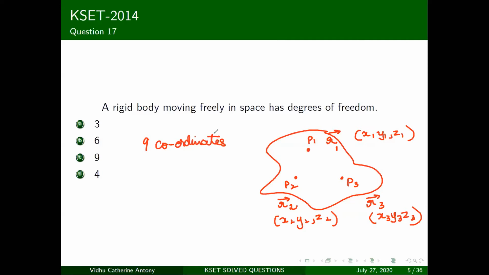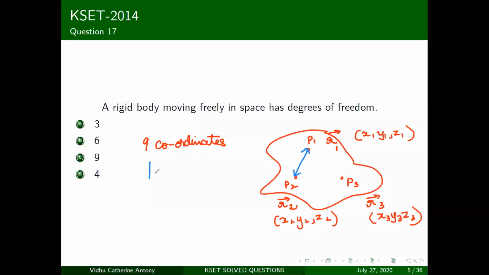Now, you're going to start having constraint equations. Because this is a rigid body, these particles are not allowed to flow through anywhere, and constraint equations come up.